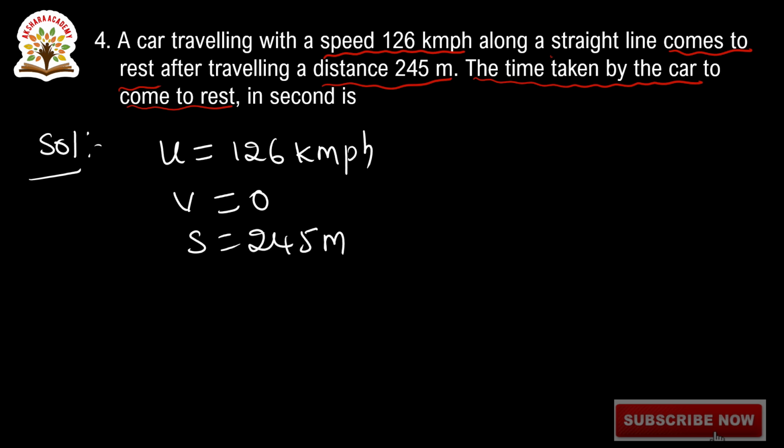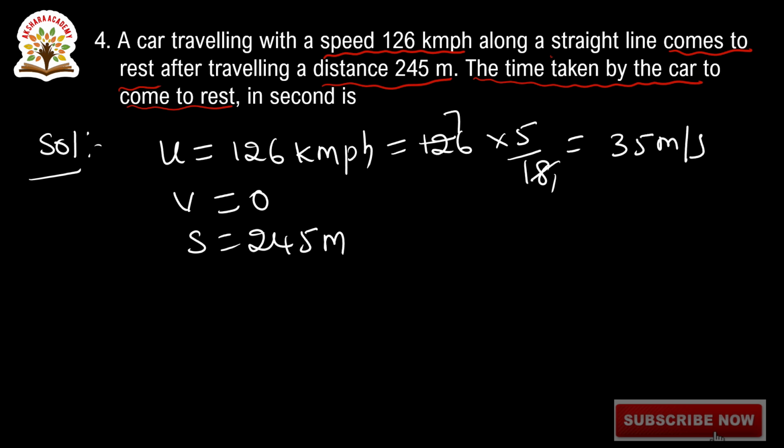So according to the third equation of motion, first we will convert this into meters per second. 1 kilometer per hour is equal to 5 by 18 meters per second. So multiplying with 5 by 18, we get 18 ones are 18, 18 sevens, 7 fives are 35 meters per second.